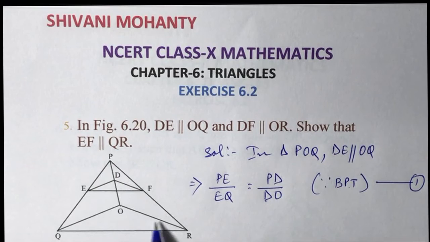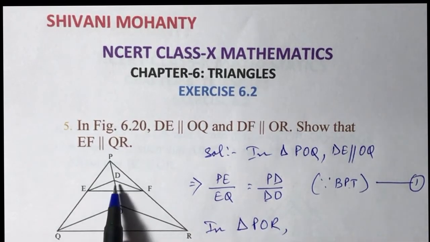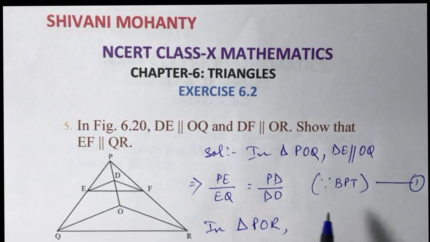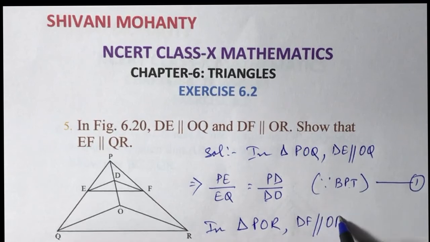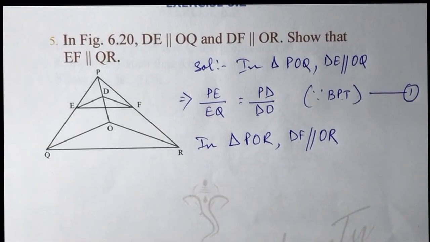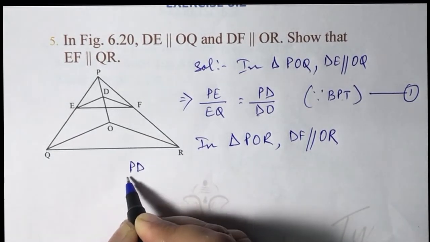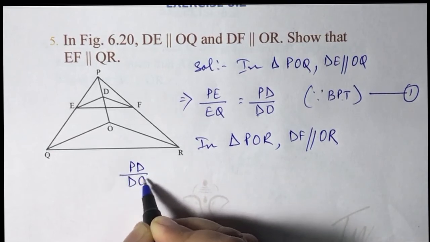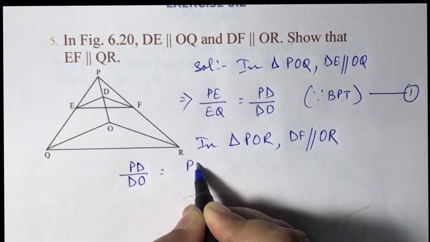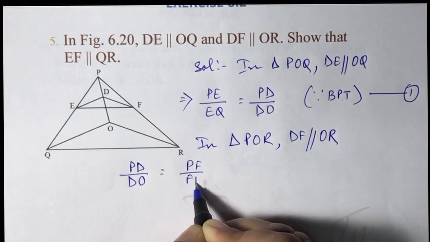Now let us go to the other face, triangle POR. So write, in triangle POR, what is given? DF is parallel to OR. If this is the case, then what do you have? You have PD by DO is equal to PF by FR.